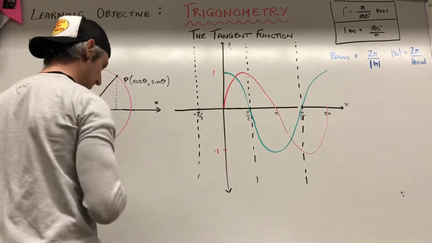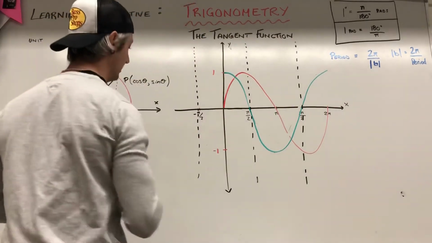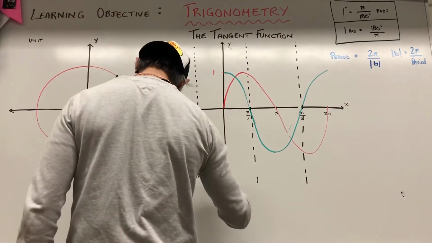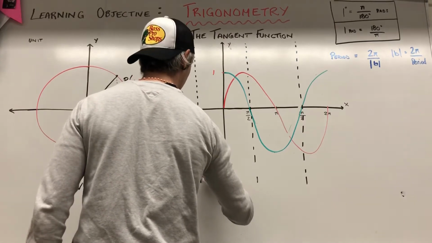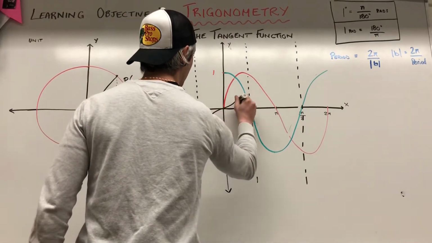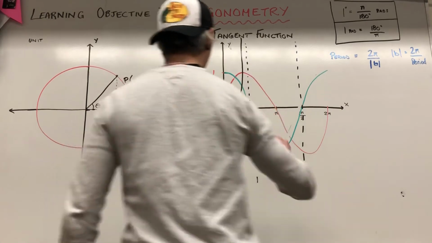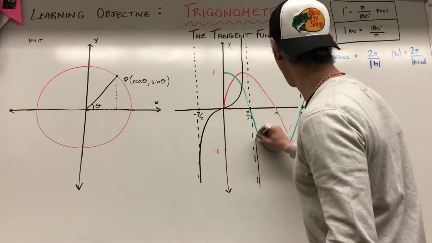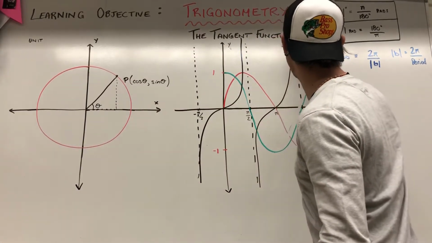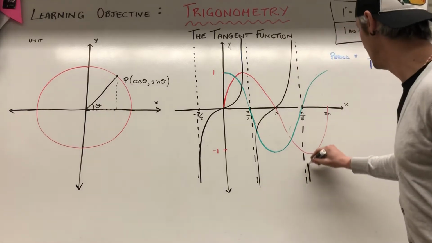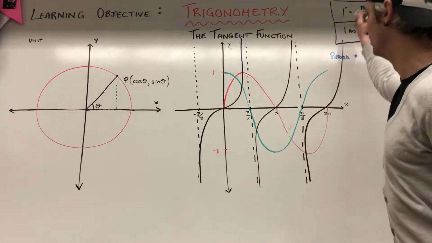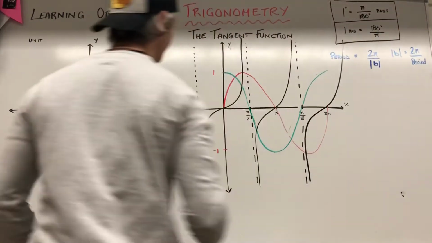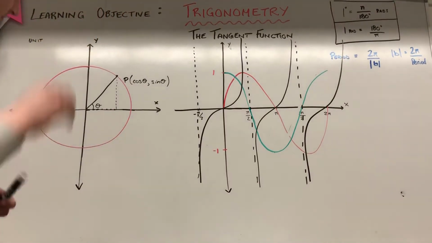And these guys keep going, but the tangent function looks something like this. And then it comes back, and then it goes, and then it comes back, and then it goes. So it's an asymptote. Hopefully you can see that.